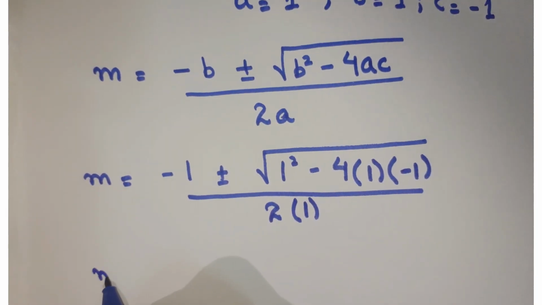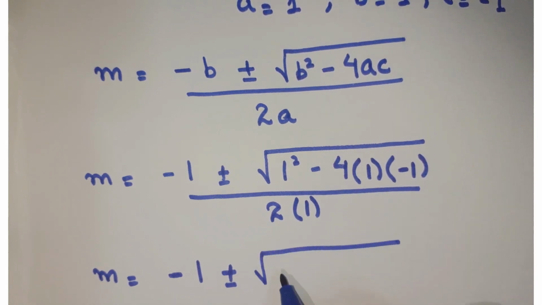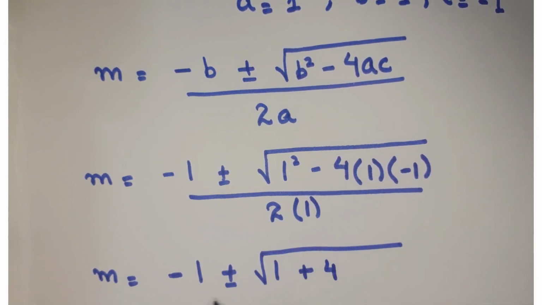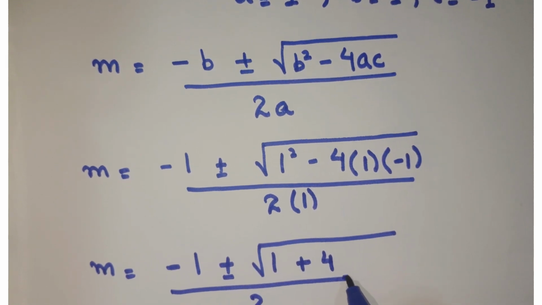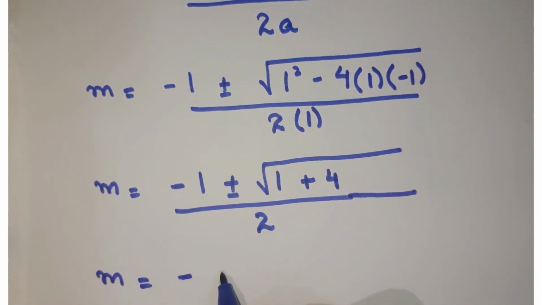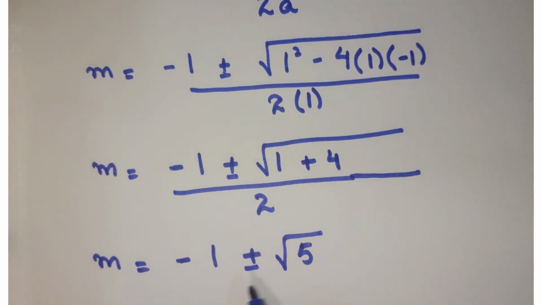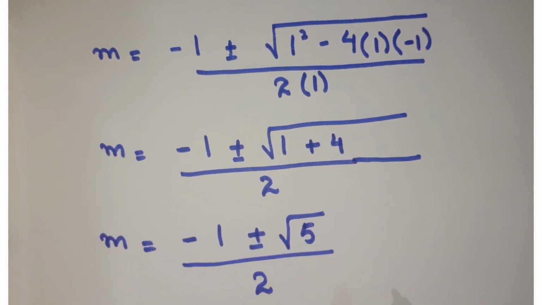Now we have m is equal to minus 1 plus minus under root 1 plus 4 upon 2. Further, you will get m is equal to minus 1 plus minus under root 5 upon 2.